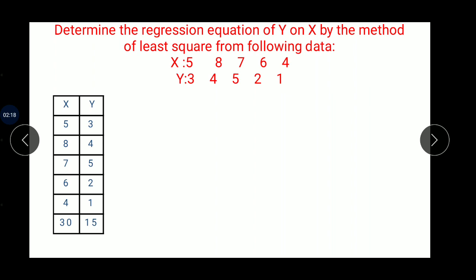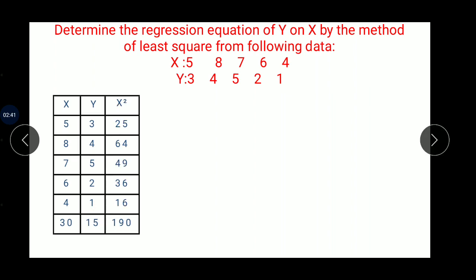Determine the regression equation of y on x by the method of least square from the following data. This method is also known as the method of least square. The values of x and y are given, so we'll write these values in the form of a table: value of x, value of y, and this is the total of x, this is the total of y.